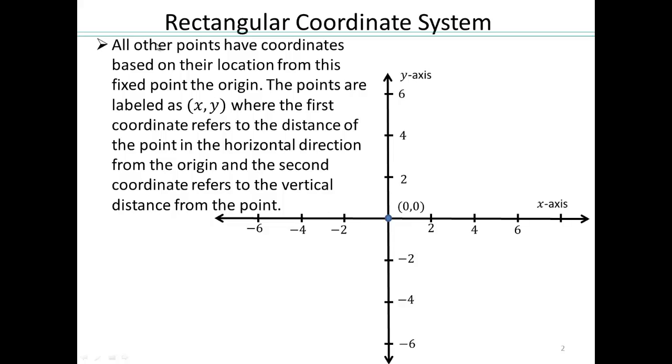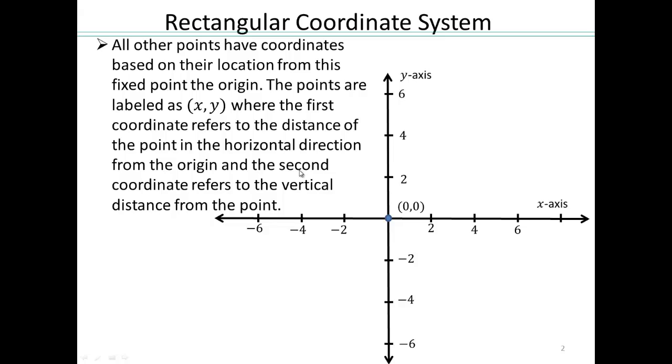In general, though, the coordinates are labeled as ordered pairs, where the first letter x represents the horizontal distance that you are moving from 0, 0, and the y coordinate represents the vertical distance you are moving. The x, y variables represent that this is a generic point that can be anywhere in this plane.